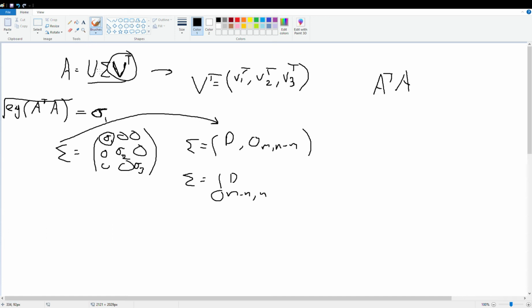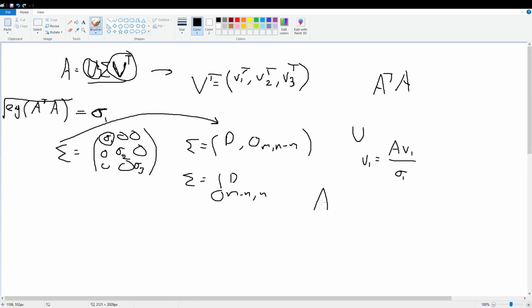Now what's this last one, U? Well, to find each vector in U, for instance, let's say we want to find the first vector in U. U1 equals A V1 over sigma 1. Now, what does that mean?